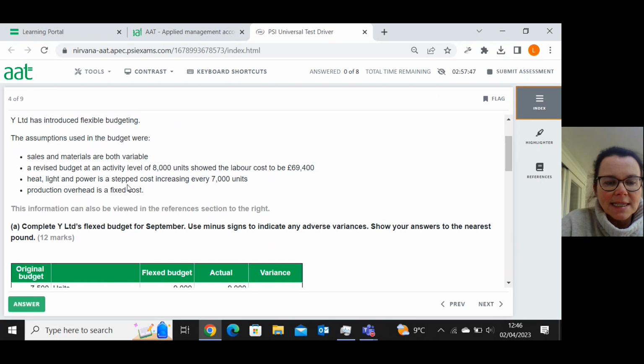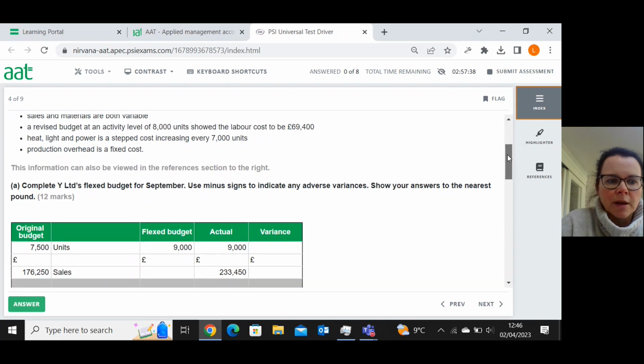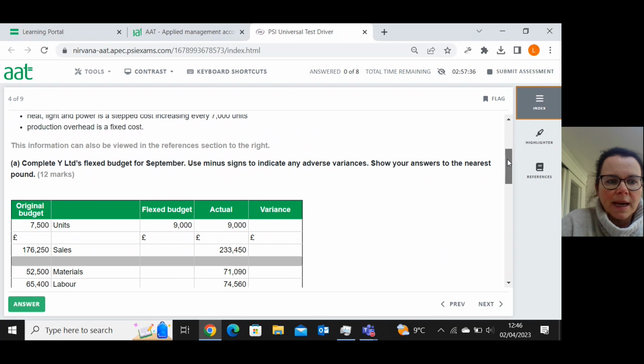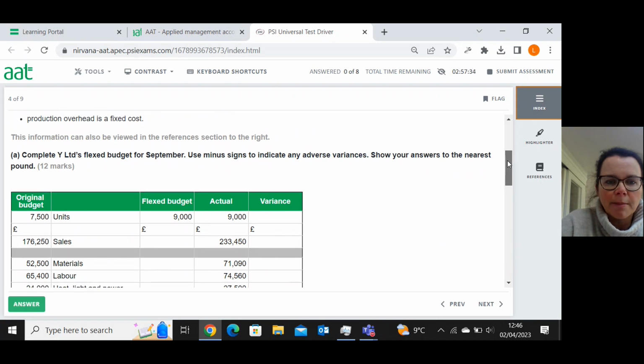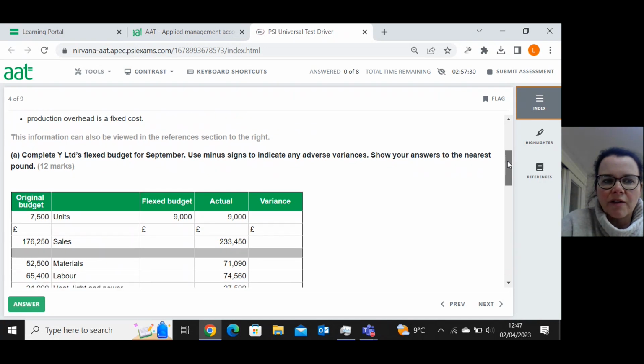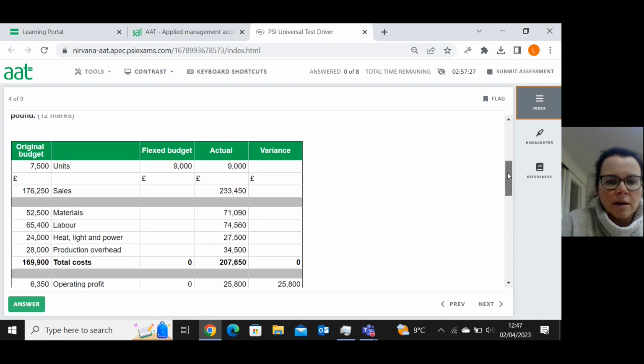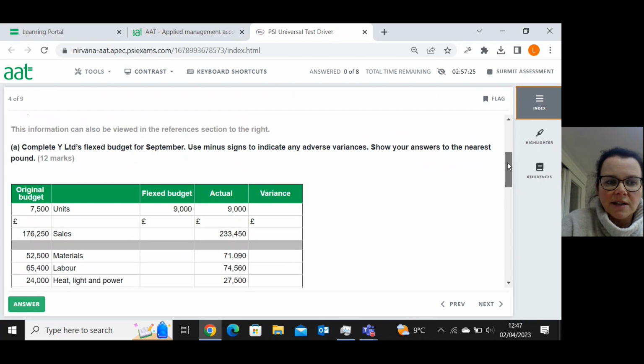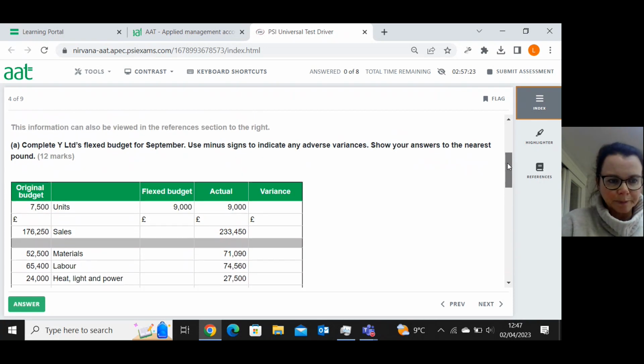Heat, light and power is a stepped cost that goes up every 7,000 units, and production is a fixed cost. And we have got to complete the flexed budget for September using minus signs to indicate adverse variances. Right, so this looks relatively straightforward.